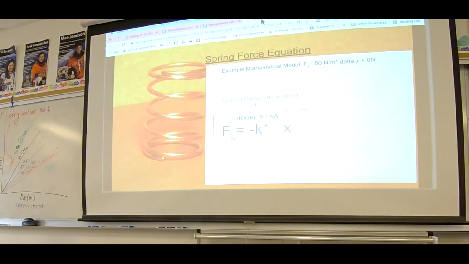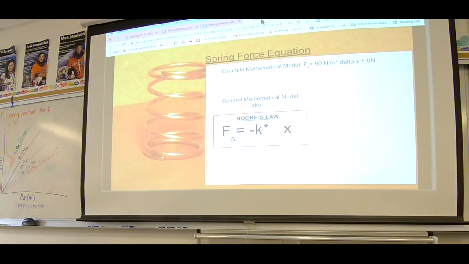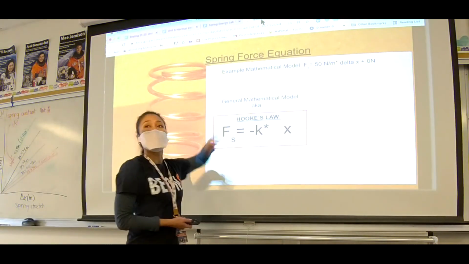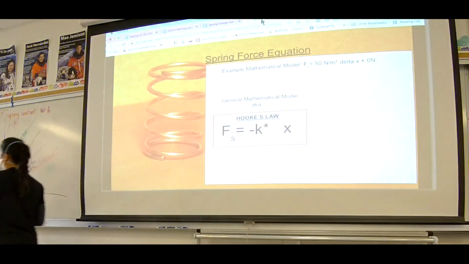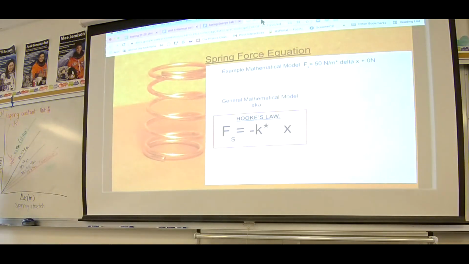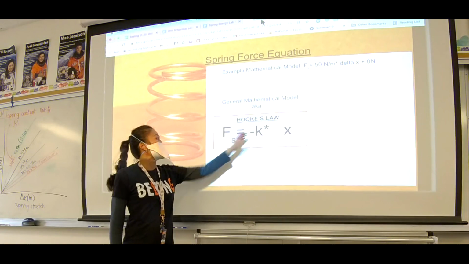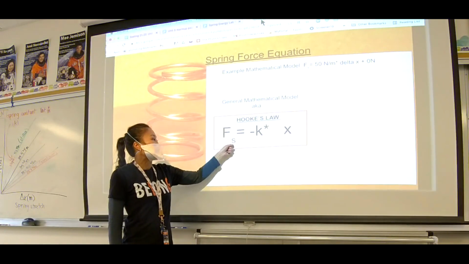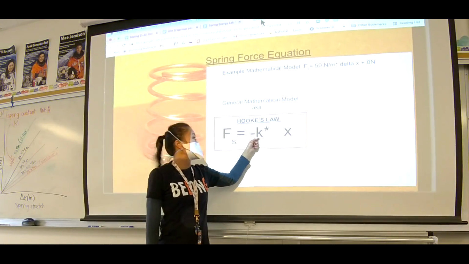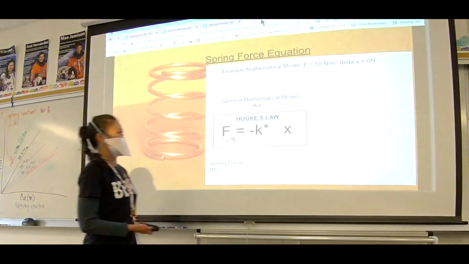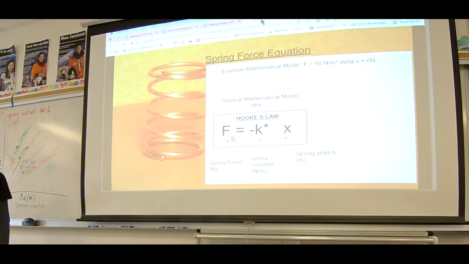What I want you to write down is the general mathematical model for any spring. These are the different mathematical models for the different springs we used in class. But for a general mathematical model, you would have the force of the spring equals negative K times delta X: spring constant times your spring stretch.